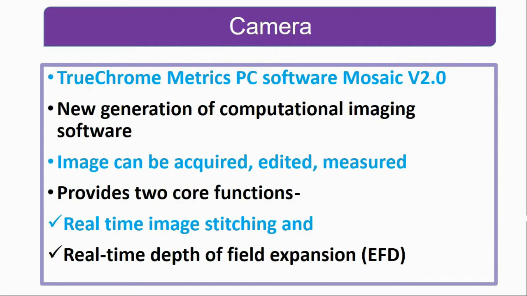Camera, TrueChrome Matrix, PC software, Mosaic V2.0. Mosaic V2.0 is a new generation of computational imaging software. Images can be acquired, edited, measured. It provides two core functions, real-time image stitching and real-time depth of field expansion.